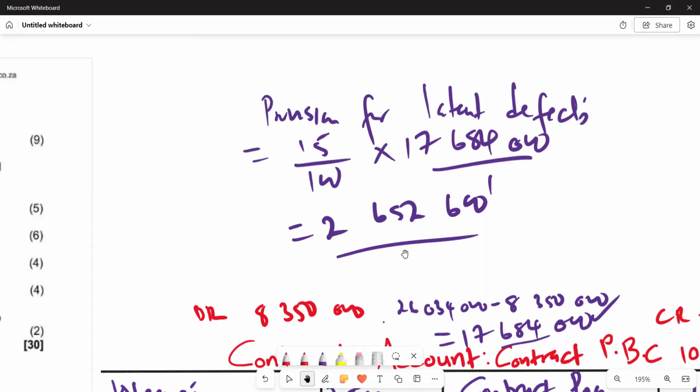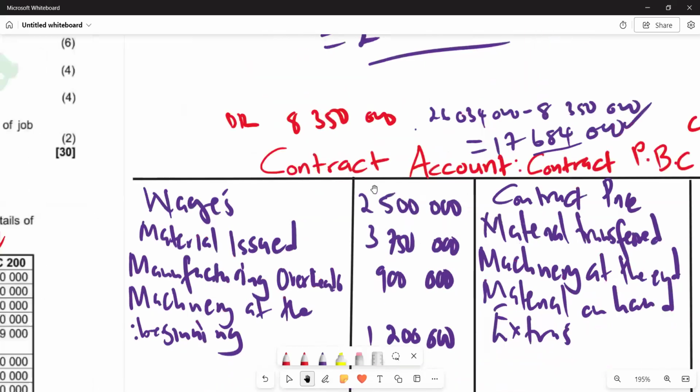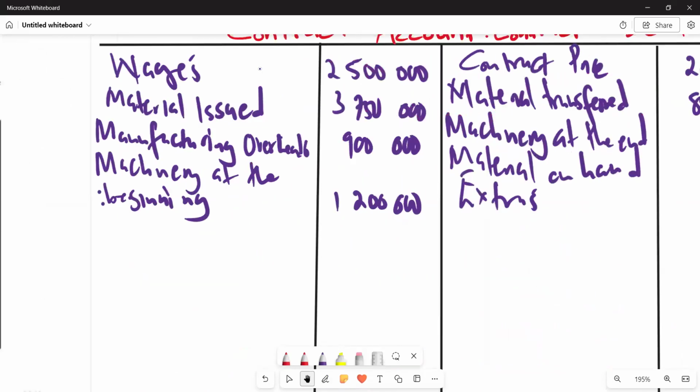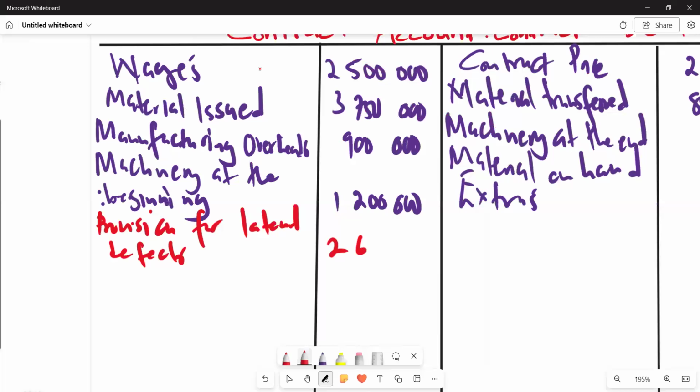So this is the figure that we're going to represent here in the contract account. So we come here and say provision for latent defects. Let's try to make it clearer. Provision for latent defects, and we got our amount of 2,652,600.